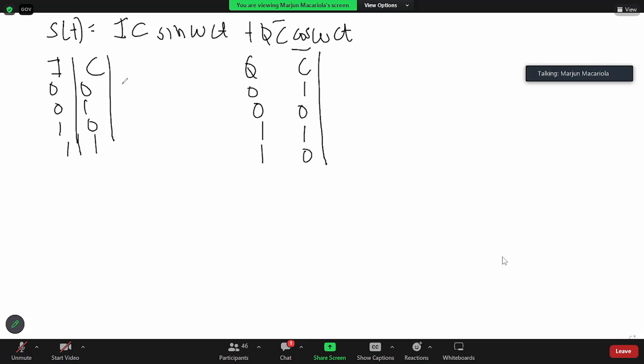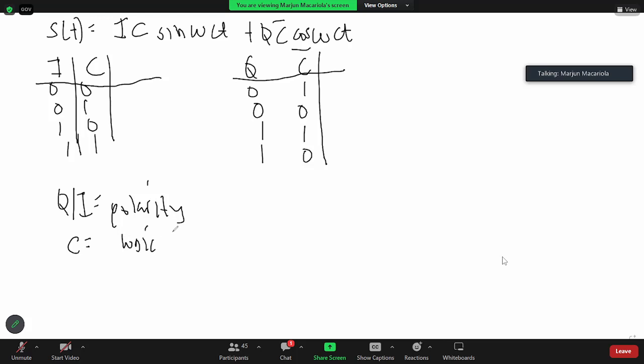So, the output. Remember again, Q and I represents polarity, while C represents the magnitude, where logic 1 is equal to 1.307 and logic 0 is 0.541.